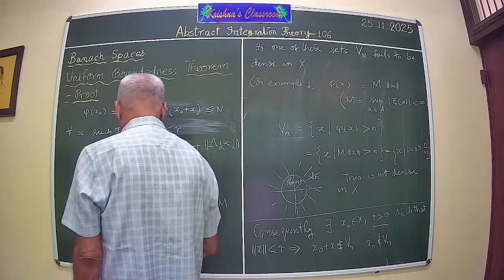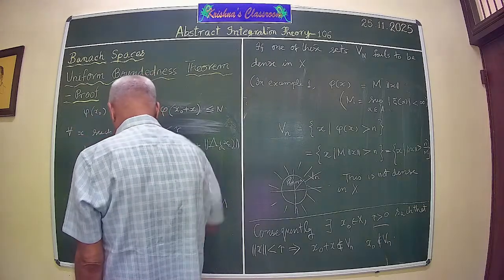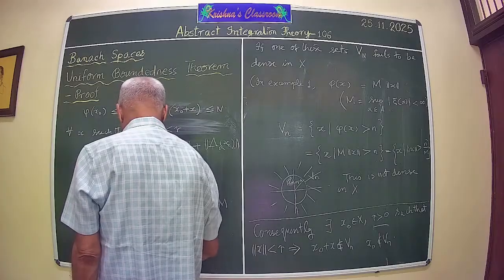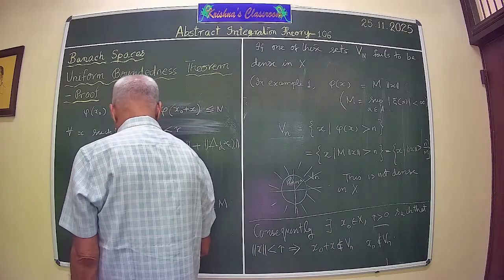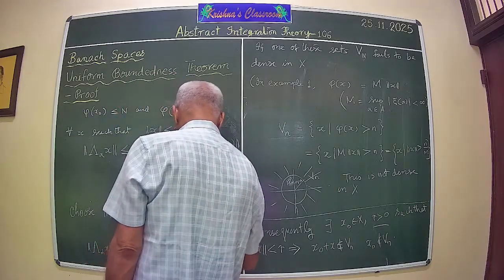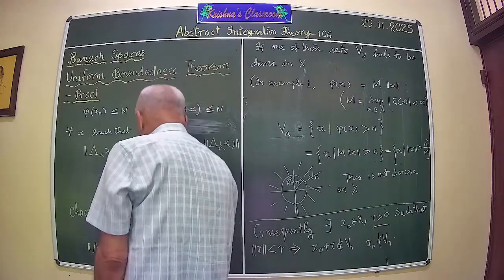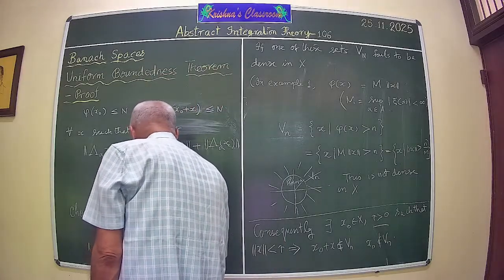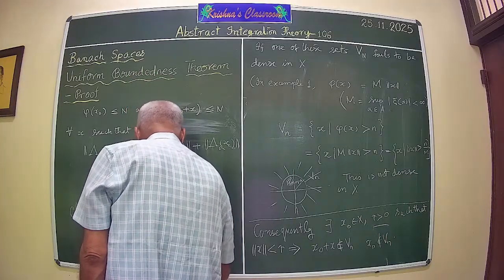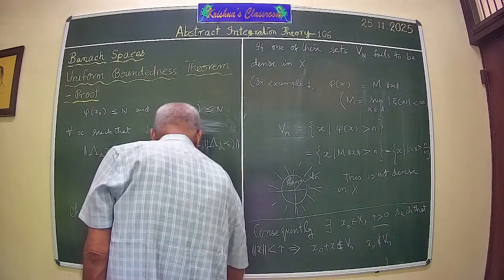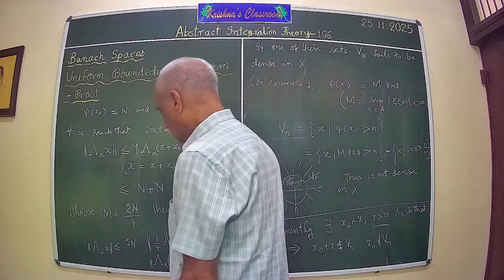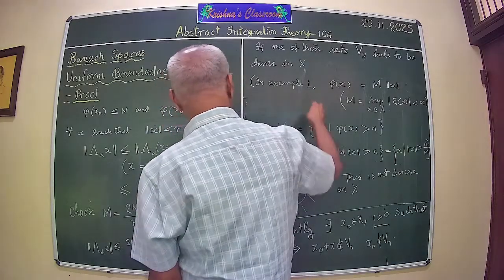So you take r, 1 by r, r. Now you see you can take the supremum over this because we are working in this ball.